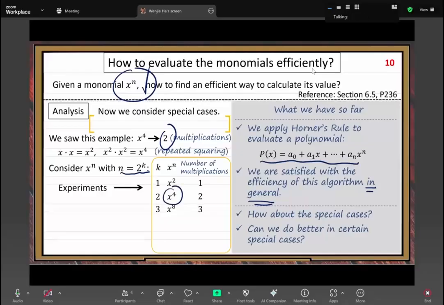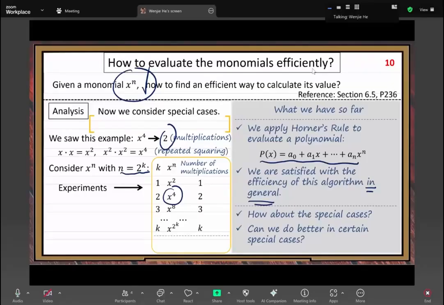For the general case k, you need to calculate x to the 2 to the kth, so you need to do multiplication k times.